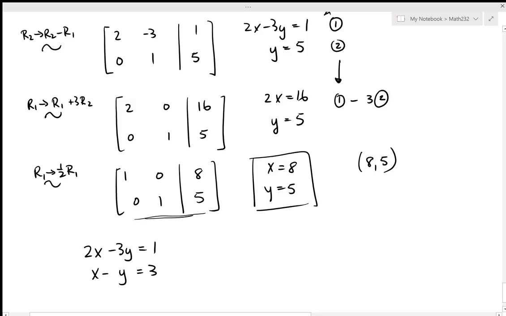Okay, let's see if that works. x is supposed to be 8 and y is supposed to be 5. Does that equal 1? Well, let's see. It equals 16 minus 15, and that equals 1. Yes, nice job. Okay, x is 8, y is 5, and I subtract that, I get 3. Does that equal 3? Yes, it does.